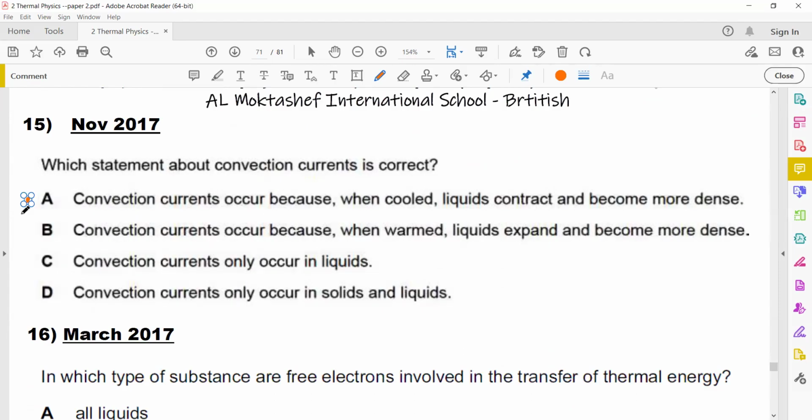Convection currents occur because when warmed, liquid expands and becomes more dense. No, when liquid expands, it becomes less dense. Convection currents only in liquids? No, in liquids and also in gases. Convection currents only occur in solids and liquids? No, they do not occur in solids. So the first statement is correct.